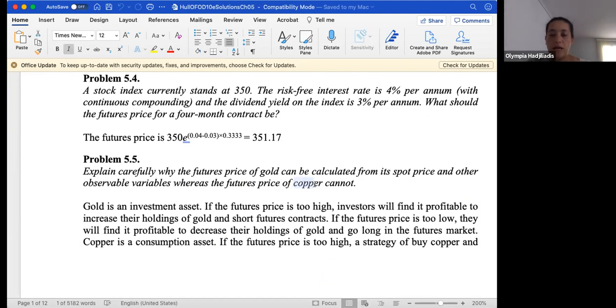For copper, we would have F0 less than or equal to (S0 plus U) e to the RT, or S0 e to the (R plus U) times T.